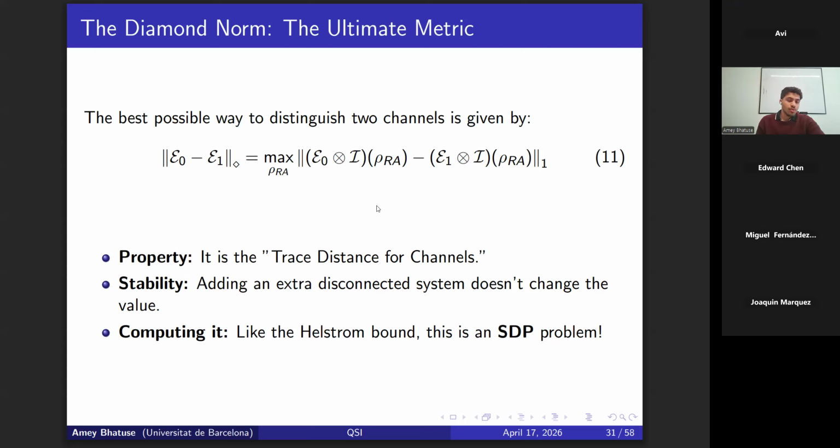One way of looking at it is that it is a trace distance for channels. Another thing about this specific construction is that adding an extra disconnected system doesn't change the value, and computing this quantity can also be framed as a semi-definite program. That's the reason we use this diamond norm.